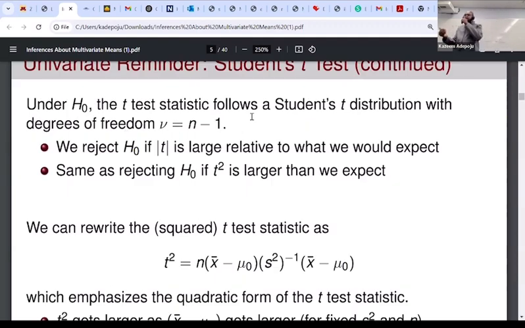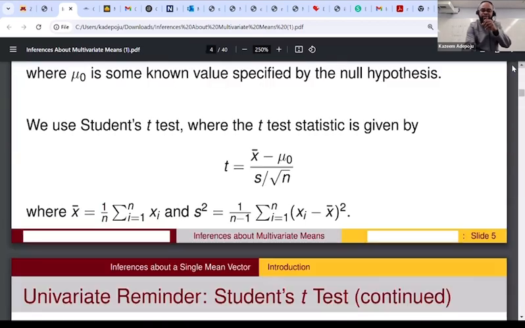Because I want to extend the one sample t-test in the univariate case to the multivariate case, I'm going to use an approach that we call Hotelling's T-squared. What I'm going to do is square my t. If you come back here, I want to square this guy. I want to square t.